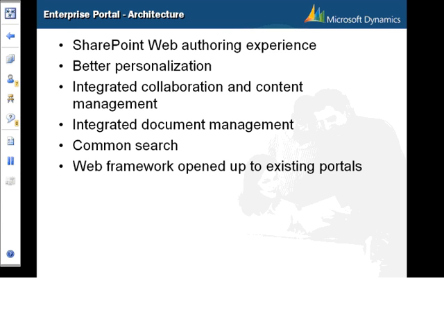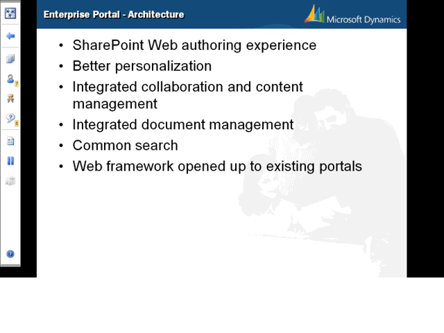Common search. Users can search for Microsoft Dynamics AX records from the Enterprise Portal. They can also search for documents and list items that are stored in Windows SharePoint Services such as announcements and discussions. Web framework opened up to existing portals.